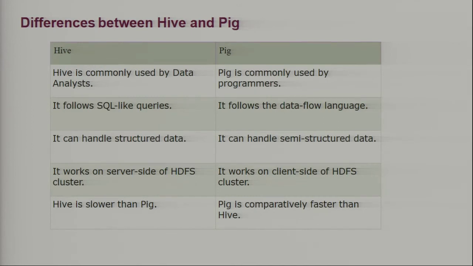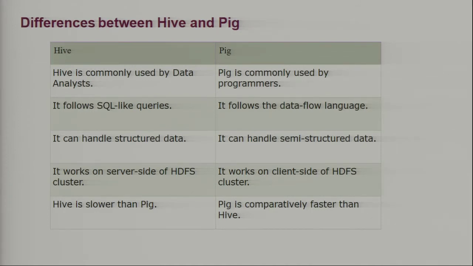Whereas Pig is commonly used by programmers, so Pig is more towards the programming part. It follows SQL-like queries and a data flow language, where you have a flow from A to B, B to C, C to D, and then the output. It can handle structured data and semi-structured data.